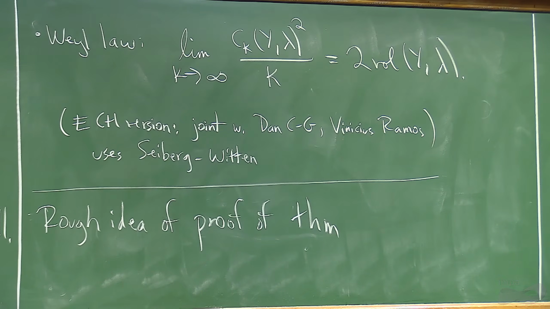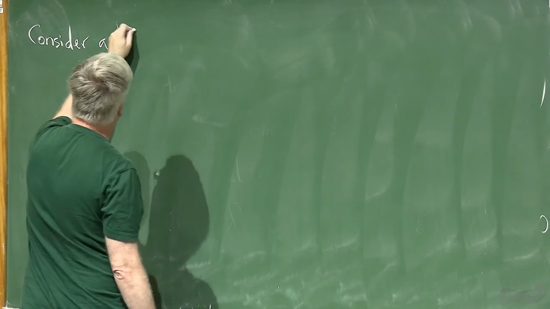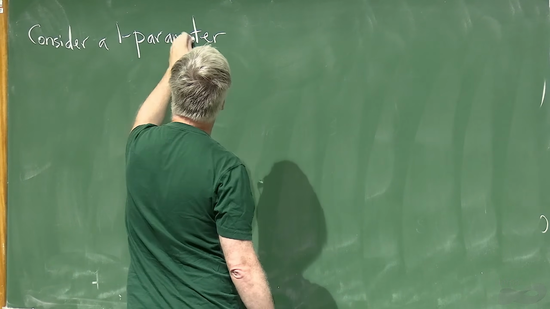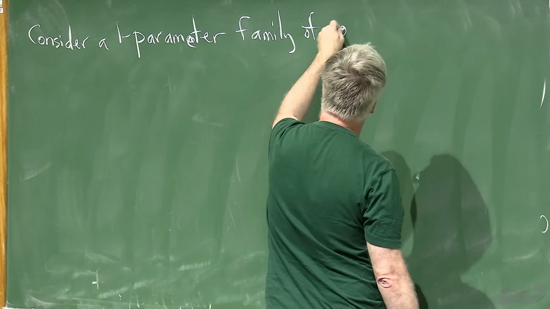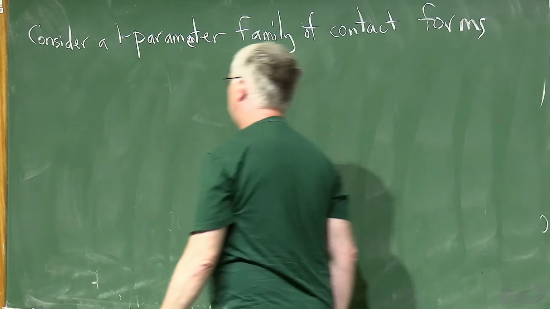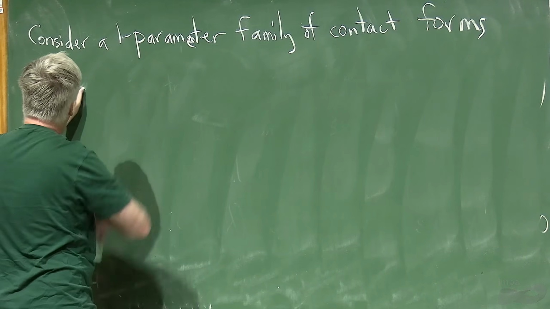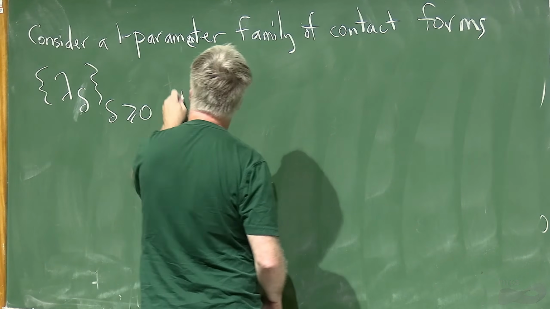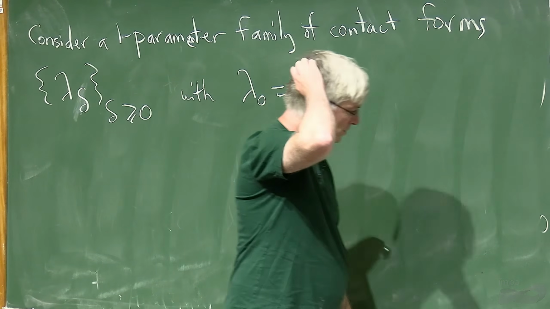We consider a one-parameter family of contact forms lambda delta, parameterized by delta greater than or equal to 0, with lambda 0 equal to the original contact form.